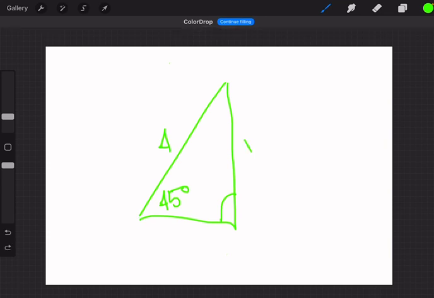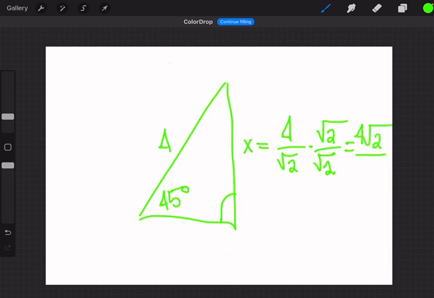So we can find this leg by doing 4 divided by the square root of 2, but you can't leave division by the square root of 2, so you need to multiply it by square root of 2 over the square root of 2. And then you can do 4 times the square root of 2 over square root of 4.